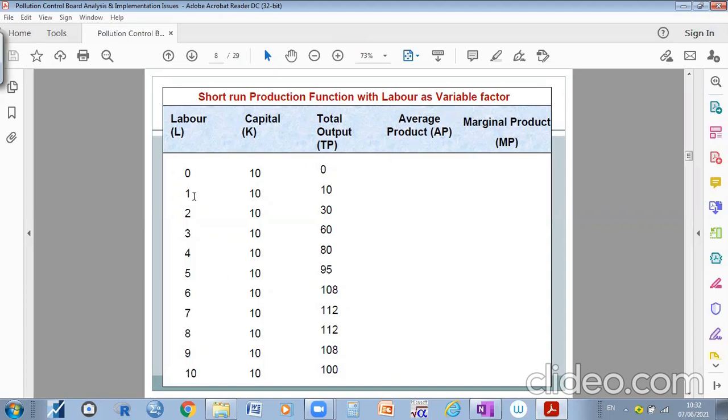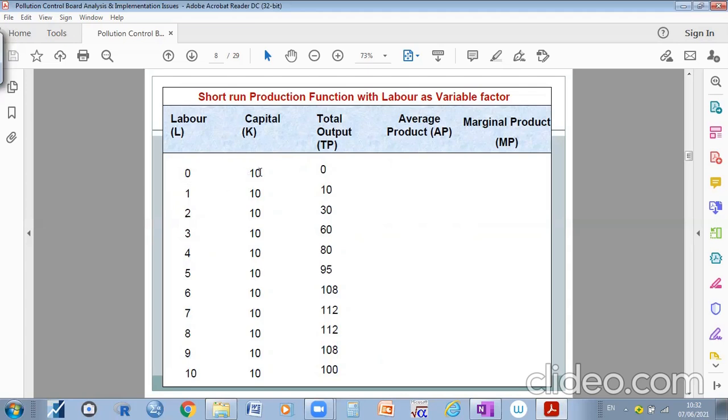For example, labor is 0 and capital is 10. What is the output? When you purchase a machine, without labor, how can you operate it? Nowadays we have scientific technology, but we should consider one labor who can operate that machine, either directly or indirectly.